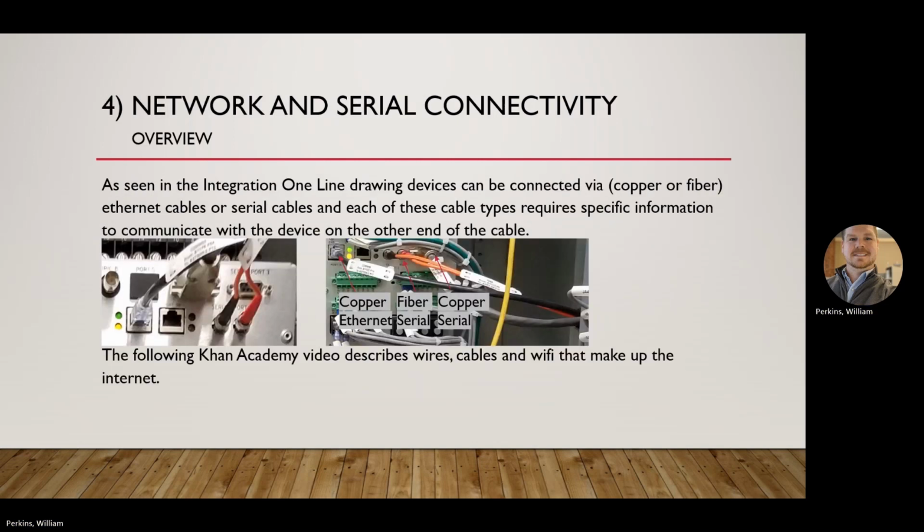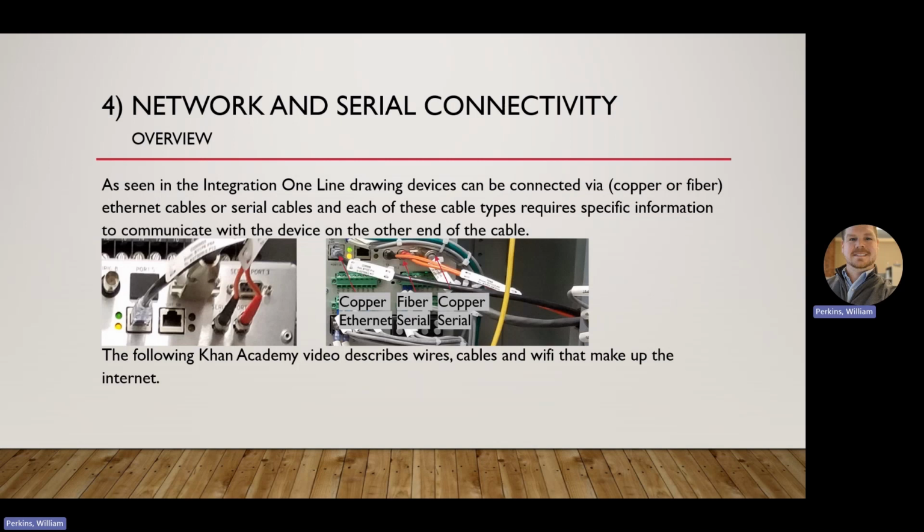So again, this is just a quick overview of what you would typically see for network and serial connectivity on the back of relays or IEDs. In both photos, we can see similar connections just shown on different relay types. Both pictures show a copper Ethernet connection on the left side of the relay.